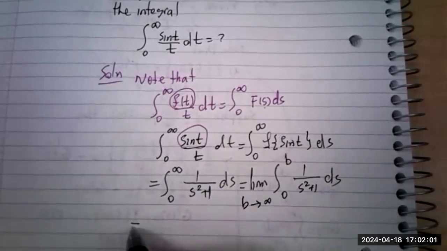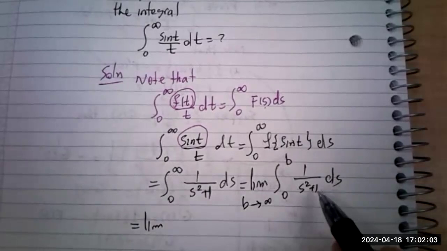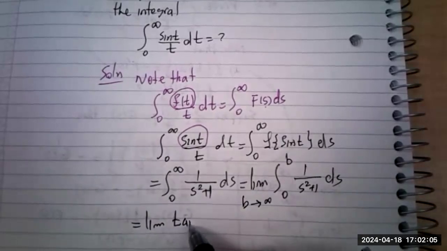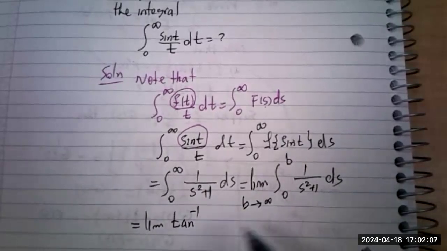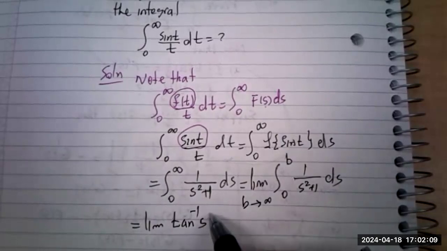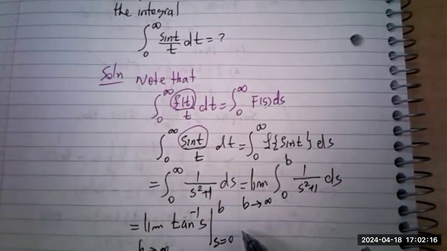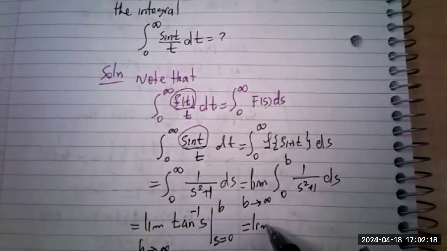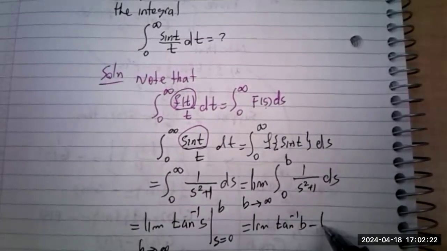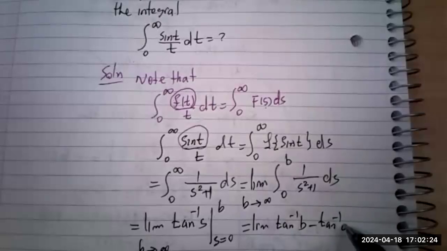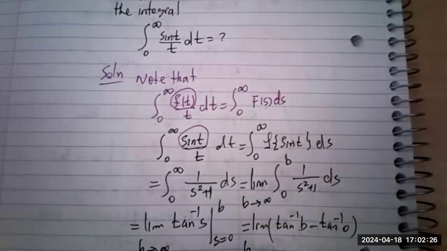And then this is going to be the limit of tan inverse of s, with s going from 0 to b, then b goes to infinity. That gives you the limit of tan inverse of b minus tan inverse of 0 when b goes to positive infinity.